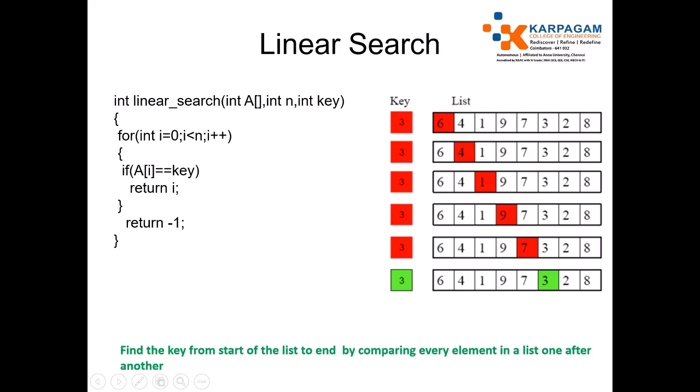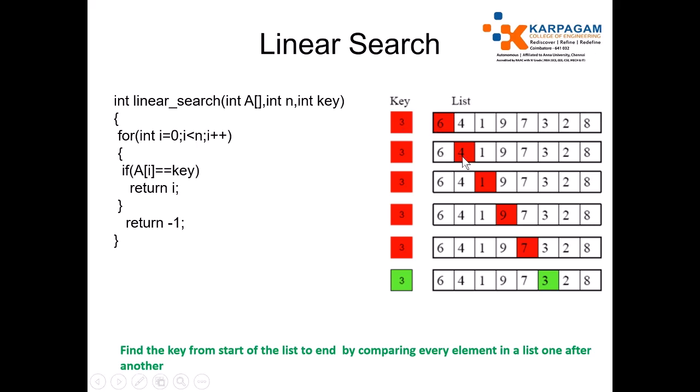Only after comparing all the elements in the list do I conclude whether the element is available or not. If the element is available, immediately return the index. Otherwise, continue to search. If the element is not available after comparing all the elements, just return -1, saying that there is no such element in the list.